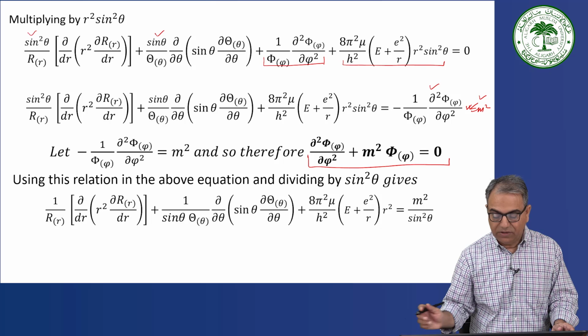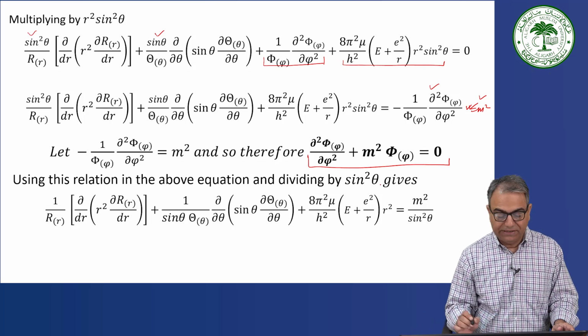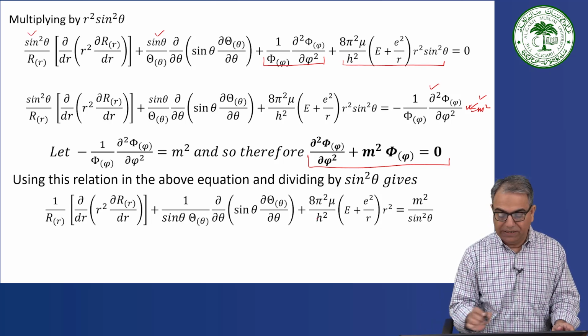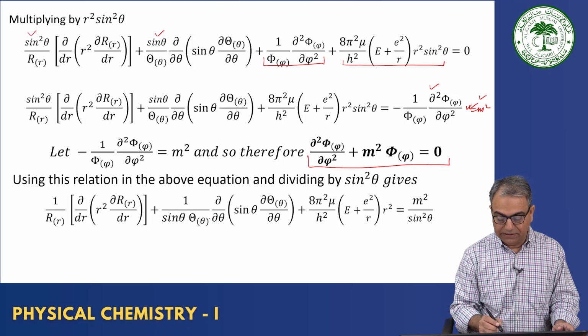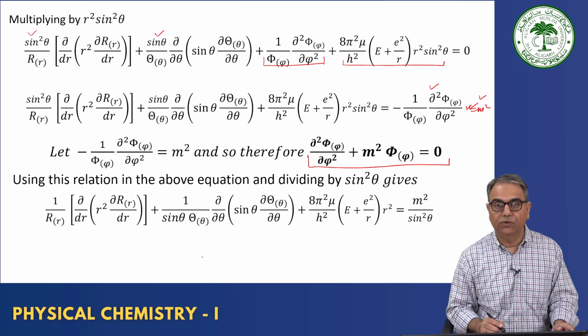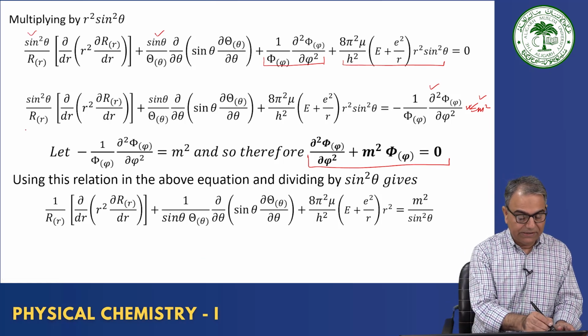For that, you divide by sin square theta. If you divide by sin square theta, this will go, and this will be 1 by sin theta, this will be 1 by sin theta, and sin square theta will also go.